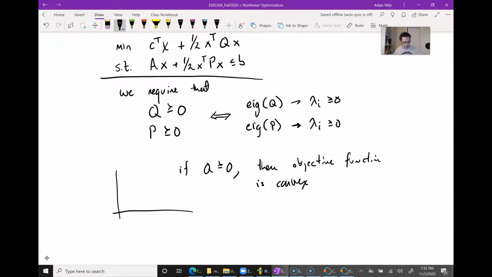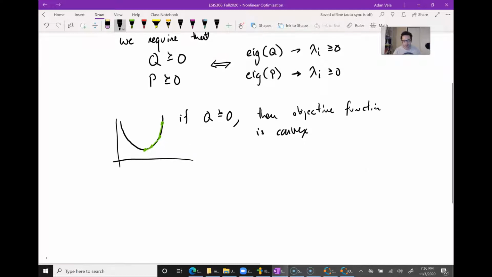Okay, so we can think of that as, if Q is positive semi-definite, we're going to have a bowl. All right, so why is this bowl useful? Well, the way most optimization solvers work with quadratic programs, they start off at an initial point and they keep following the derivative. And if you have this bowl shape, they can just keep going down the derivative, and it's really, really nice.